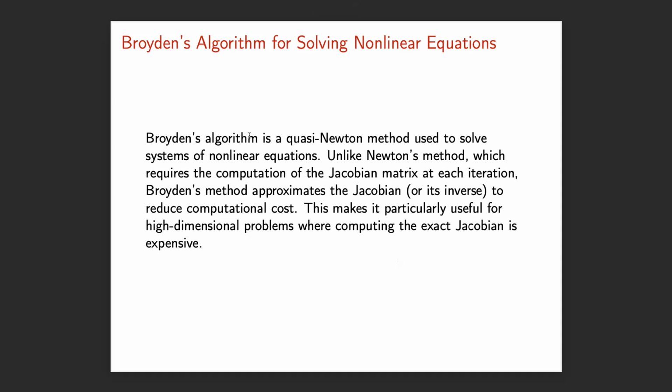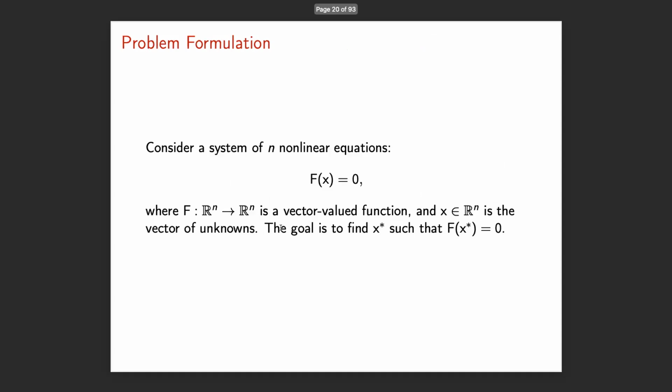So Broyden's method is actually the first entry point. And unlike Newton's method, which requires the computation of the Jacobians at each iteration, Broyden's method approximates the Jacobian to reduce computational cost. And the way it does it is to introduce what's called the secant method. So I'm just going to explain some of these details.